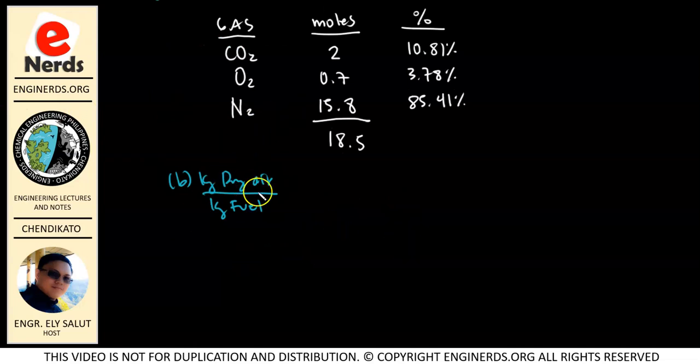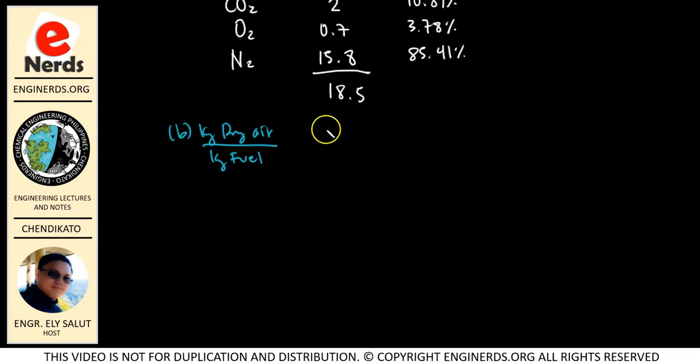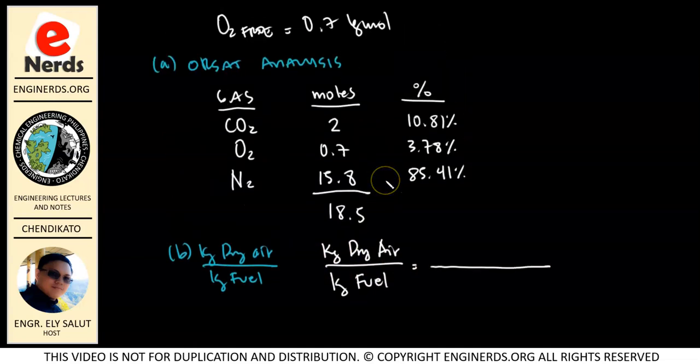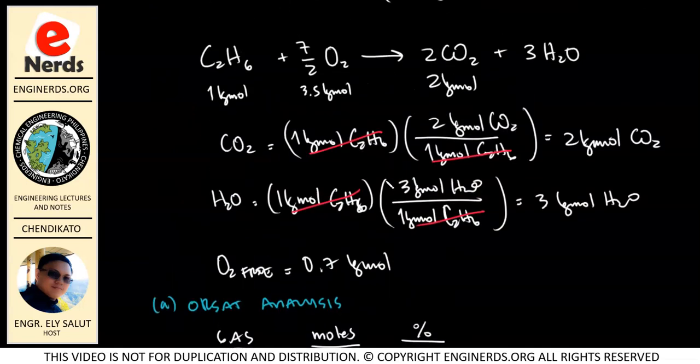Okay, so kilogram of, let me write this better now because it's so difficult to understand. So kilogram of dry air per kilogram of our fuel. Right, so how are we going to get the weight of our dry air? Okay, so how much is the number of moles of our dry air?